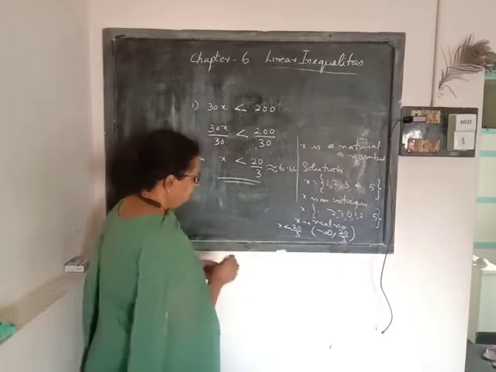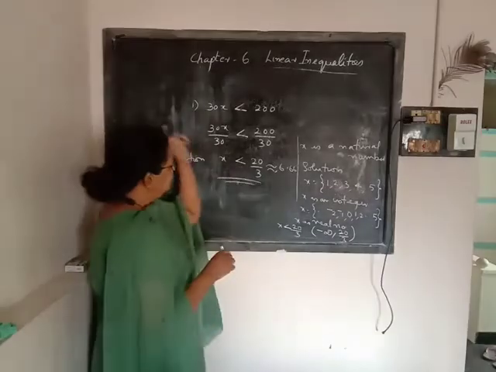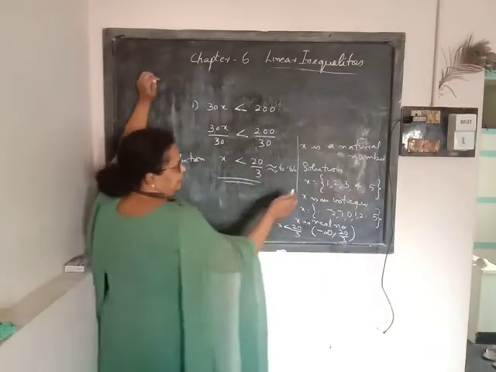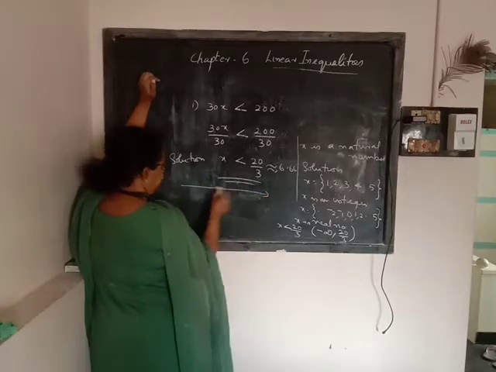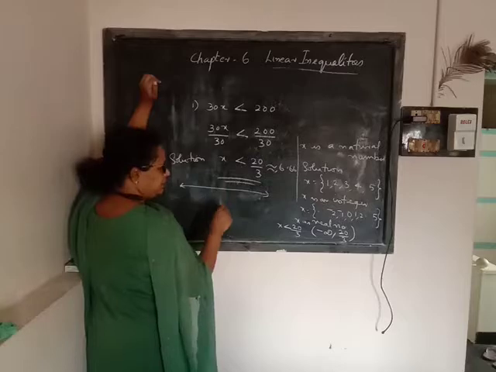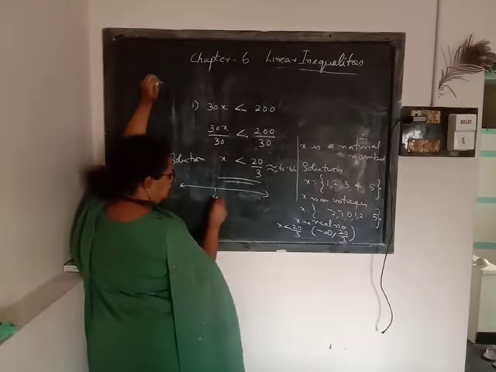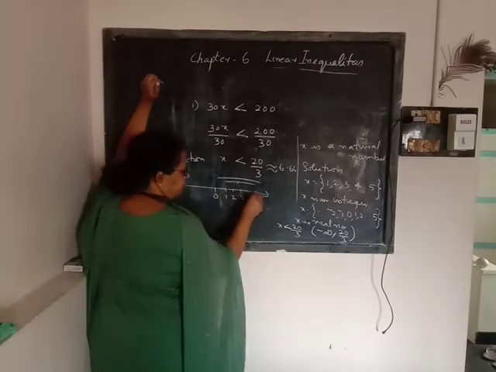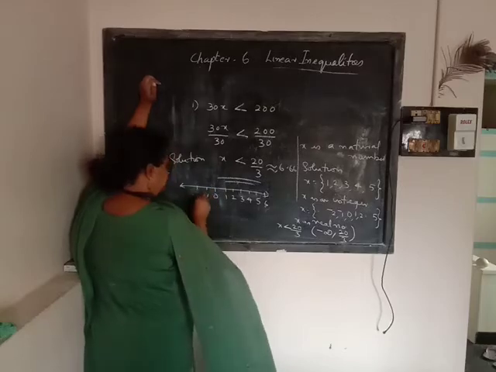One more thing: if this solution has to be represented on a number line, for the first one, if it is a natural number, how will we represent it? Not natural number, let us mark integers. When it is an integer, we can mark 0, 1, 2, 3, 4, 5, 6, -1, -2, like that.